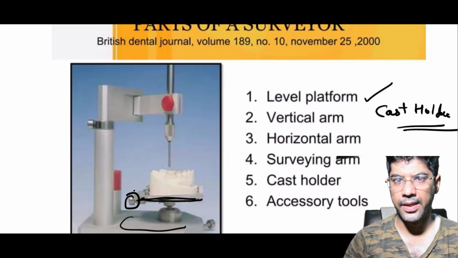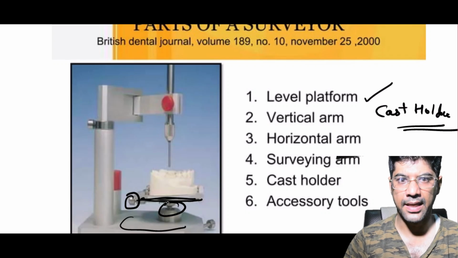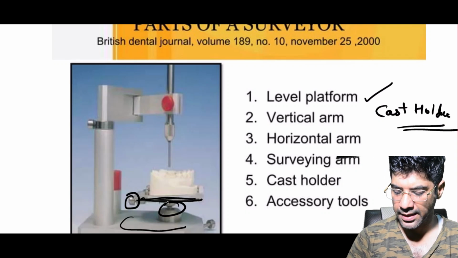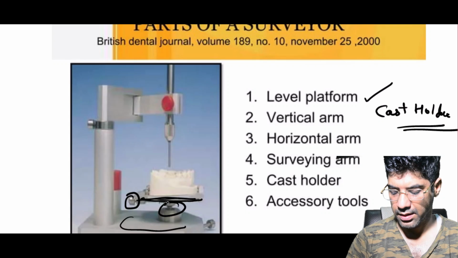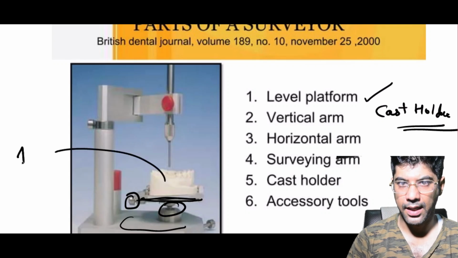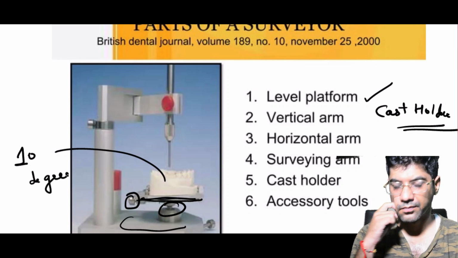So the ball and socket joint allows for tilting and positioning the table, which is important for exposing mild soft tissue undercuts. The height of the table can be adjusted. However, it should not be tilted more than 10 degrees to avoid altering the path of insertion.